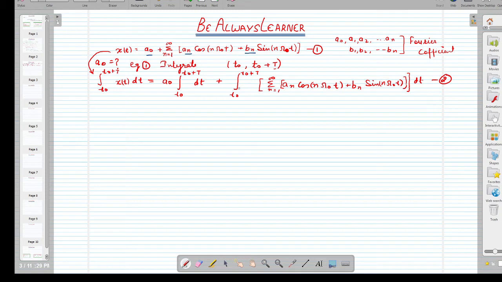क्योंकि हम इसमें periodic signal ले रहे हैं, तो we can write this also, the net area of sinusoids over complete period is 0.